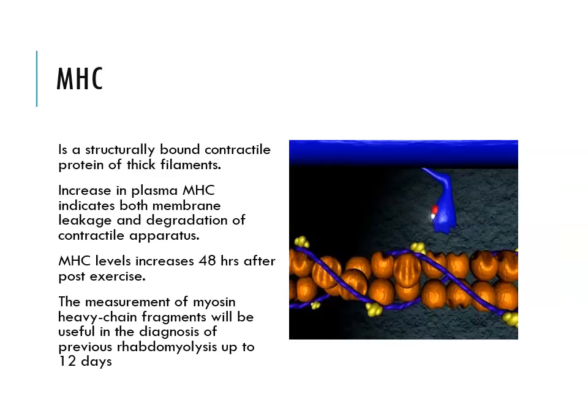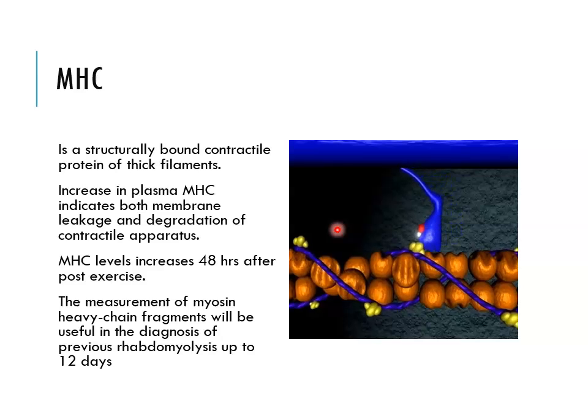Myosin heavy chain fragment is a structurally bound contractile protein of thick filaments. An increase in plasma MHC indicates both membrane leakage and degradation of contractile apparatus. Usually MHC levels increase after 48 hours of muscle injury, and the measurement of MHC will be useful in the diagnosis of previous rhabdomyolysis up to 12 days.